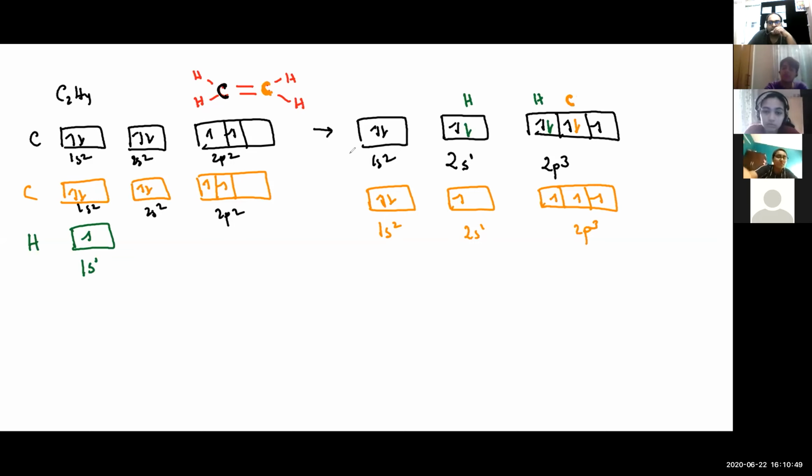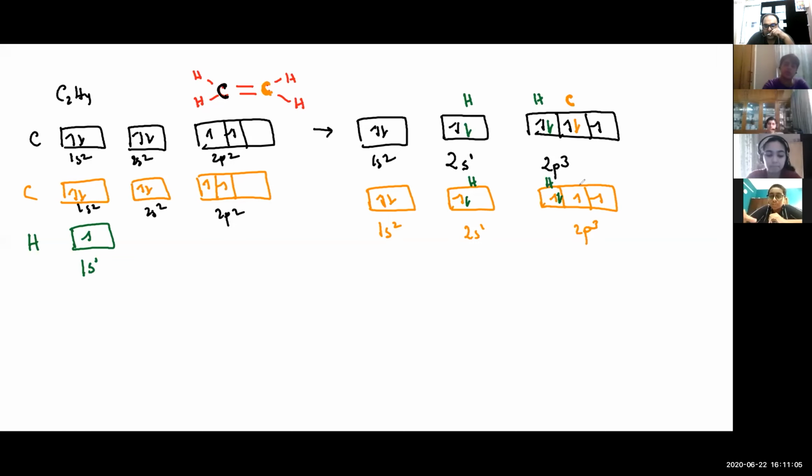On the other hand, how many hydrogens is the orange carbon bonded to? 2. So there's a hydrogen here and a hydrogen here, and this is bonded to the black carbon.